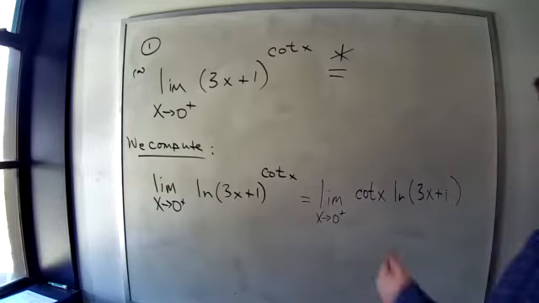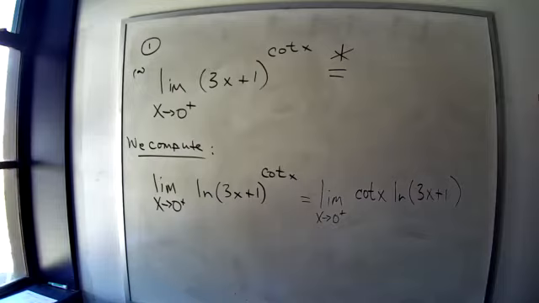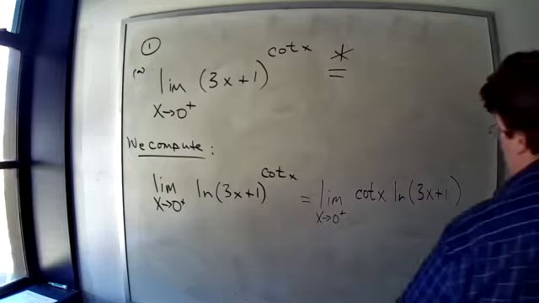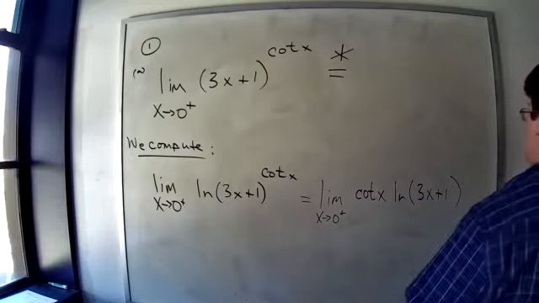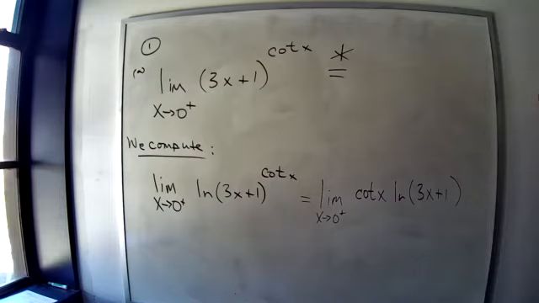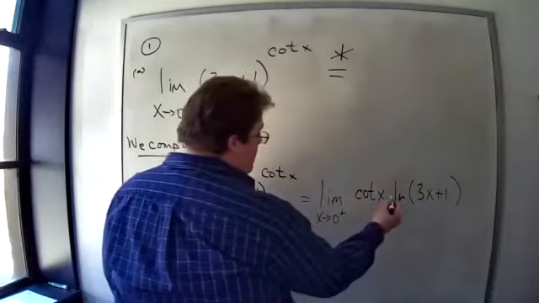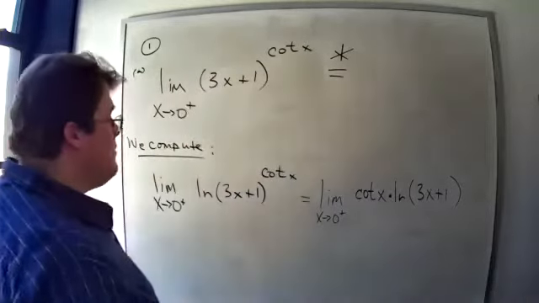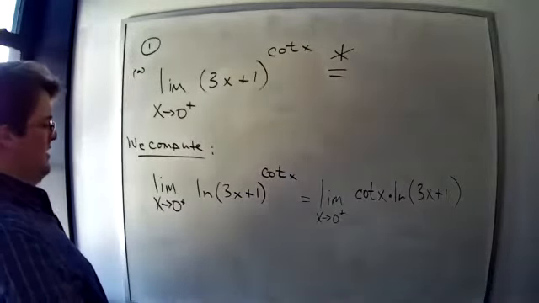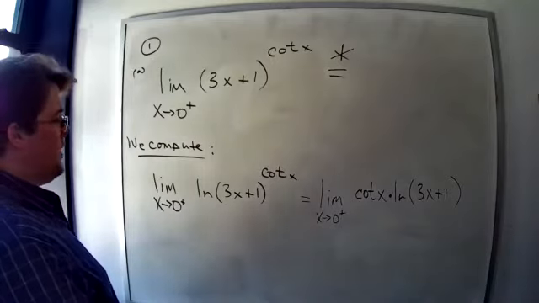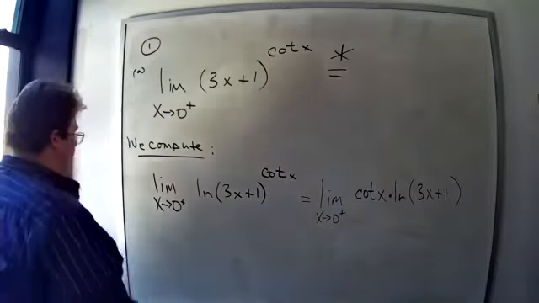And with one of the 3 forms discussed in lecture, they will all turn into an infinity times a 0. And what we have to do is write that as a fraction. And here we have cotangent x and logarithm of something. I find it easier to put the trig function in the denominator than the logarithm.